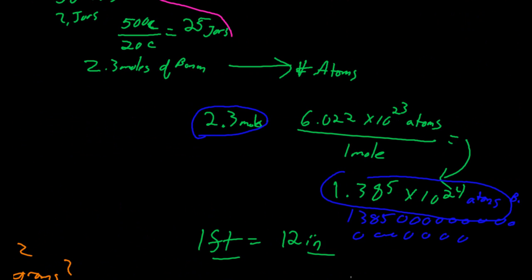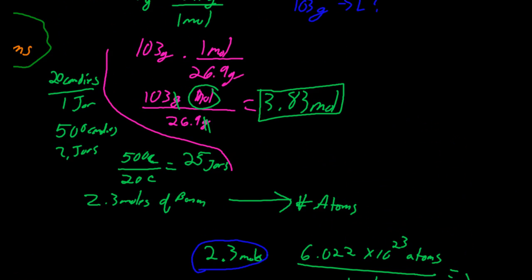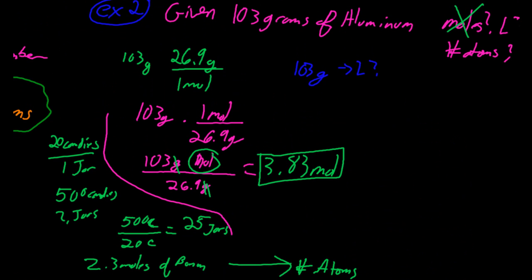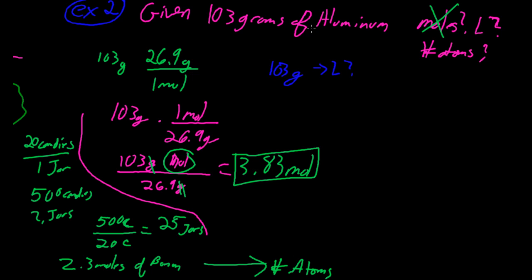So let's do that. Now we can just pretend that the question said you're given 3.83 moles of aluminum. How many liters are there? So we can take 3.83 moles, and we want to know how many liters are in it. Well, if we remember, there are 22.4 liters per 1 mole.